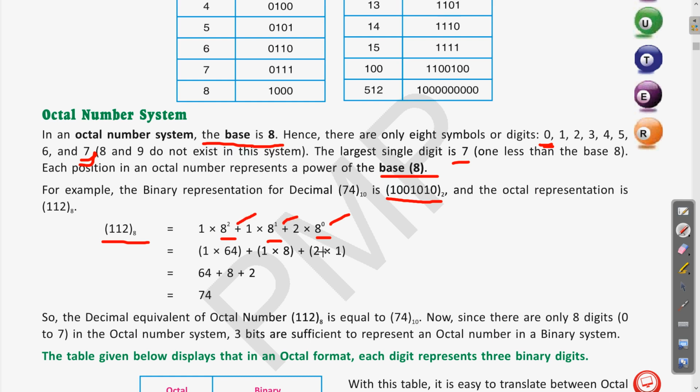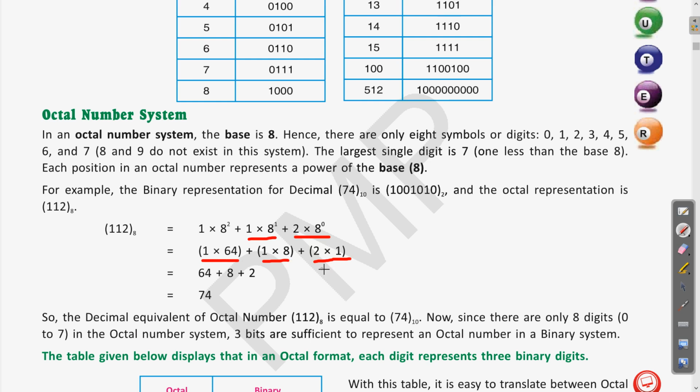Clear? Now 2 into 8 power 0, that is 2 into 1, because any number raised to the power 0 is 1. Then 1 into 8, that is again power 1. Then 8 to the power 2, 8 eights are 64, that is 1 into 64.